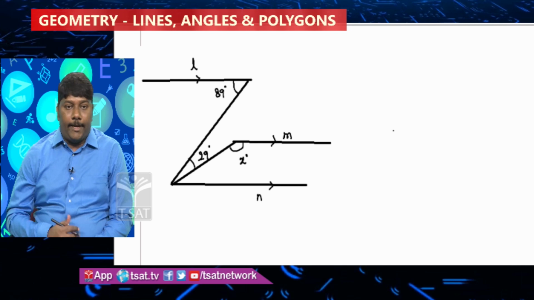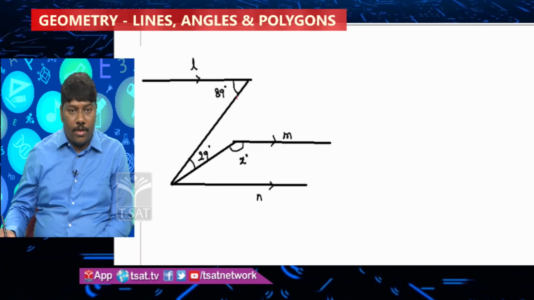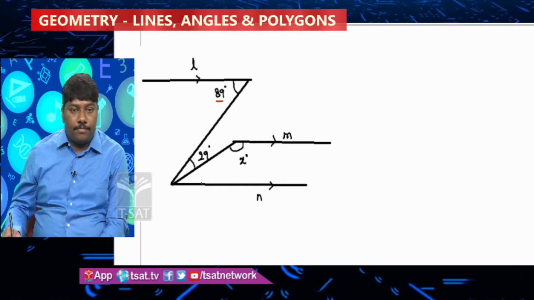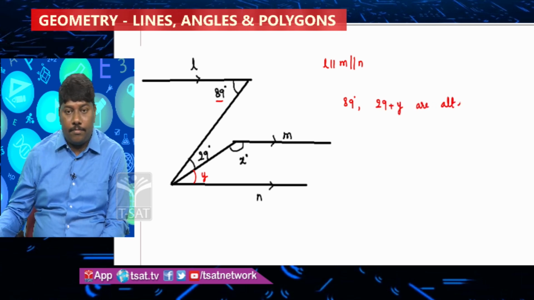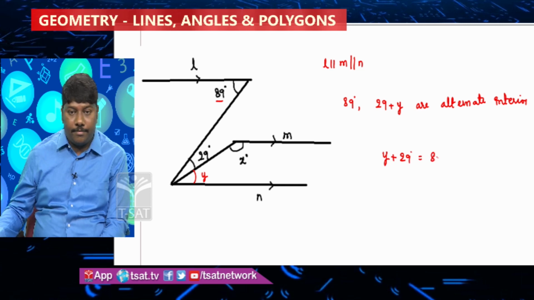So angle X I am looking at. Now see here, 89 degrees, let this angle be Y. L, M, N are parallel. L is parallel to M, M is parallel to N. If you look at 89 degrees, 29 plus Y are alternate interior. When I say alternate interior, you can just identify them. So alternate interior angles are equal, therefore Y plus 29 degrees is equal to 89.